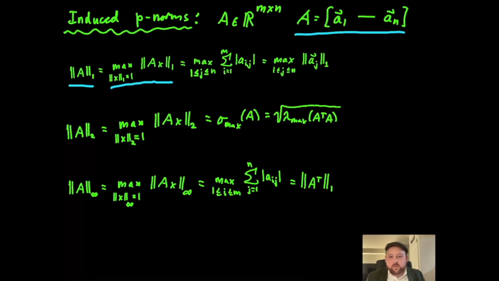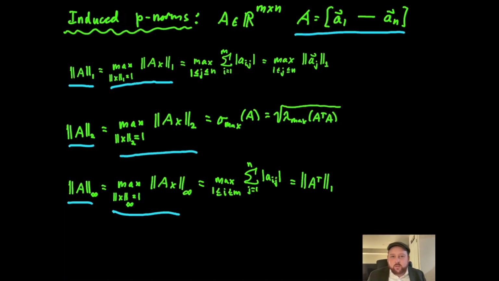I'm sorry, there's a lot of 1s, but it's the 1 norm. I'm playing that same game for these first 2 columns: what is the induced 2 norm, what is the induced matrix infinity norm? That's how you arrive at these statements, I'm just plugging into the definition.